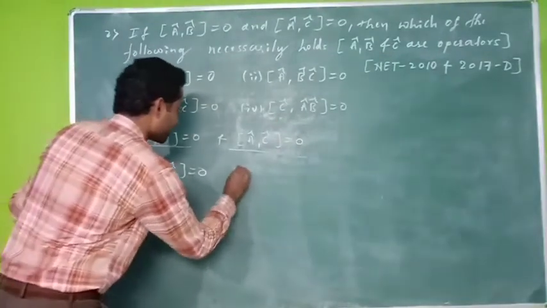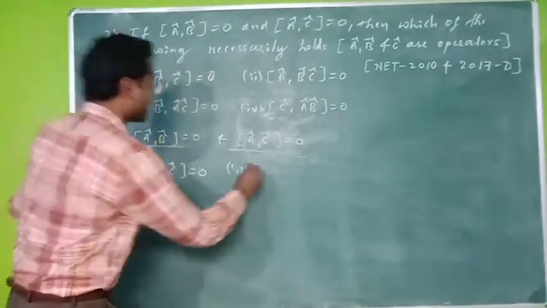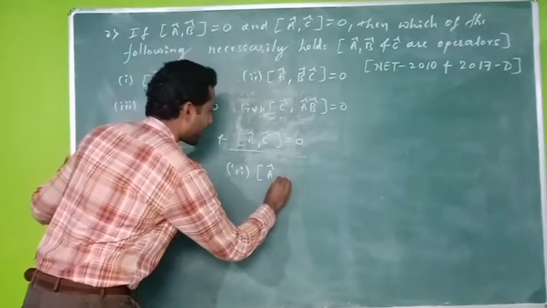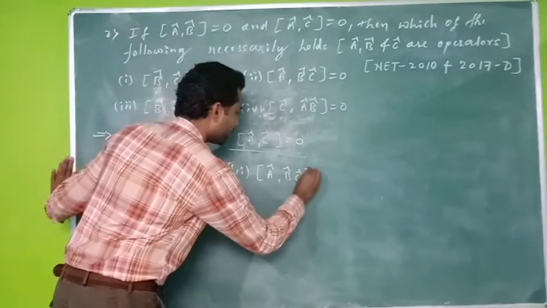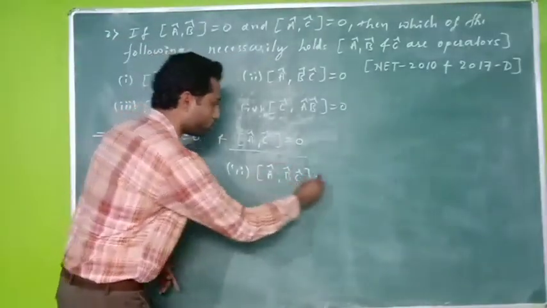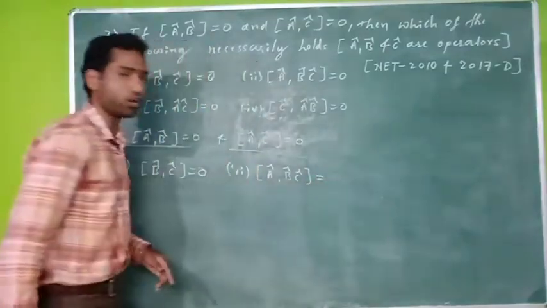Let us take the second option. What is that? The commutator of operator B, A with the product BC. The commutator of these two is equal to what? That is what we have to prove.